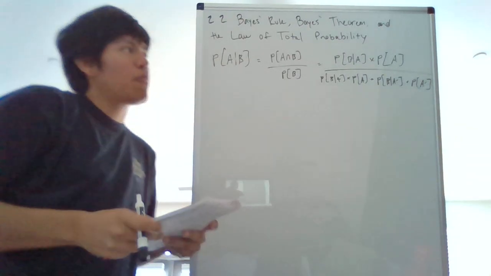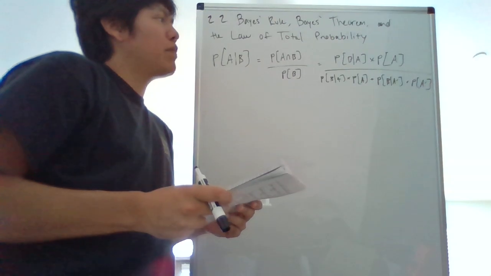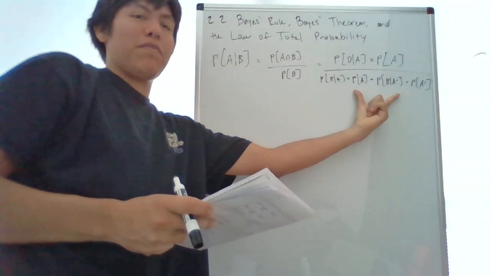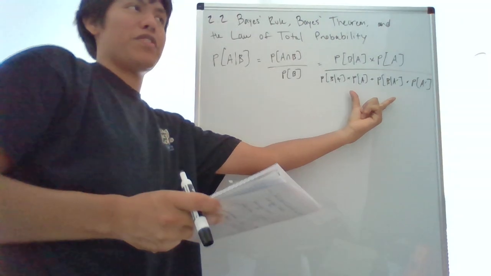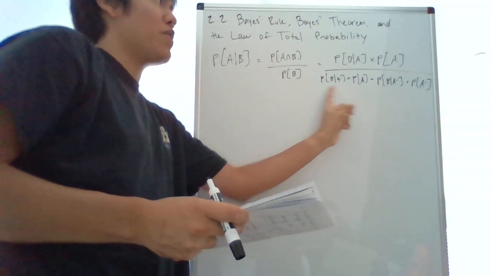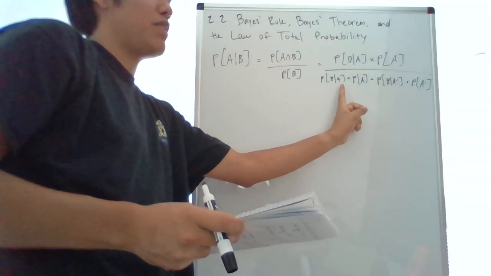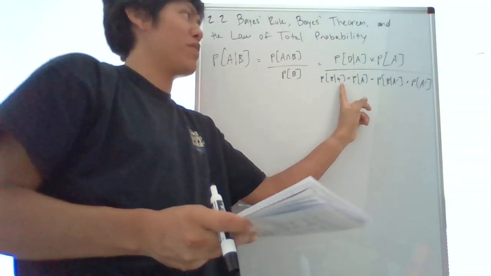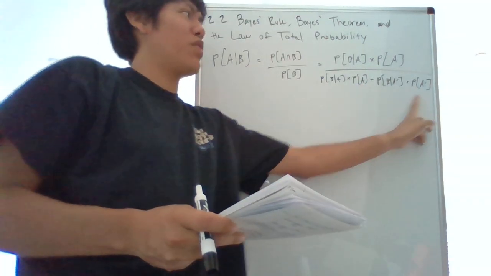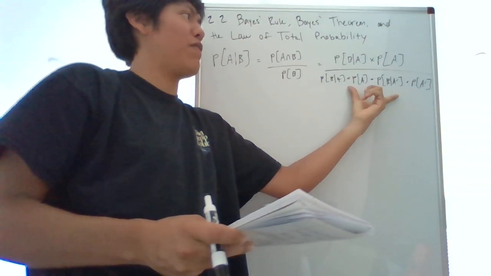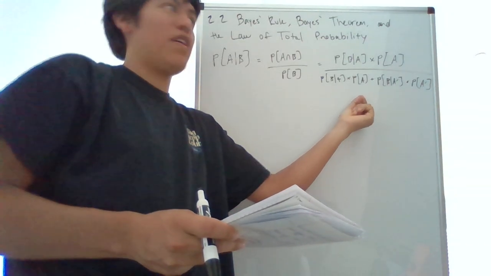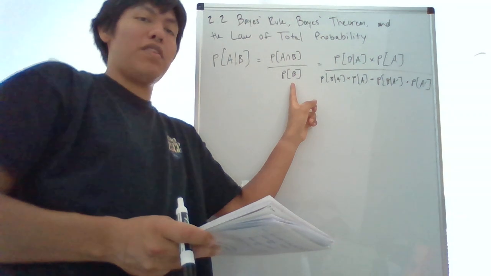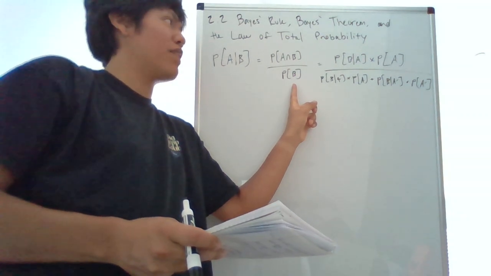Maybe you'll remember this bottom section from when we were doing the question about the urn, where you're given either we chose urn 1 or we chose urn 2, and then we have to find the total probability of that scenario, which is this P of B right here.